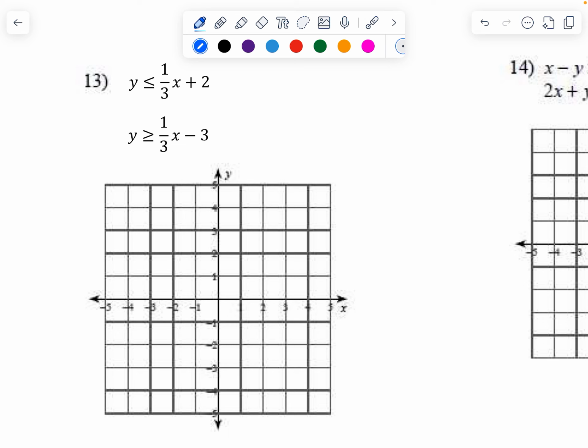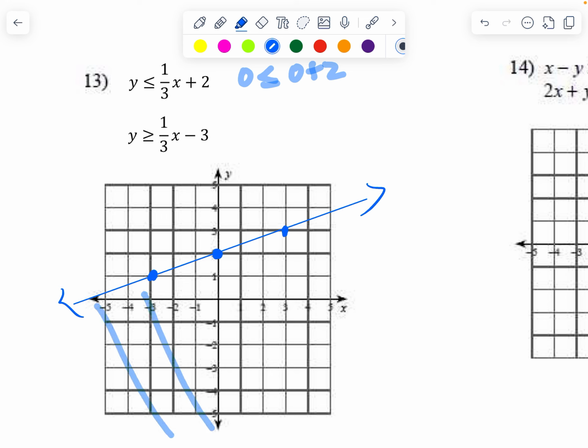Okay, I go to +2, and I make a solid point, up 1/3, down 1/3, and I try to get it as best as I can. If I plug in 0, I get 0 is less than or equal to 0 plus 2, and that is true, so that would be down here. Then I go to -3, and that is a closed dot.